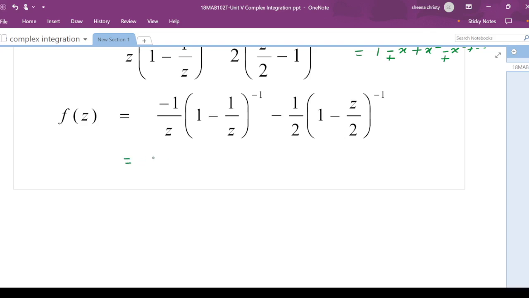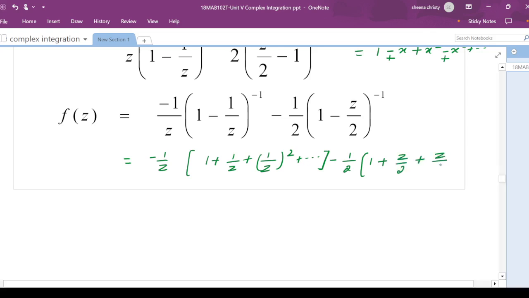This is going to be -1/z (1 + 1/z + (1/z)², etc.) - 1/2 (1 + z/2 + (z/2)², etc.).